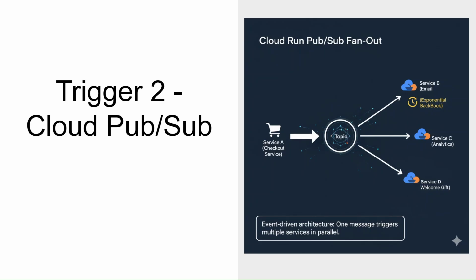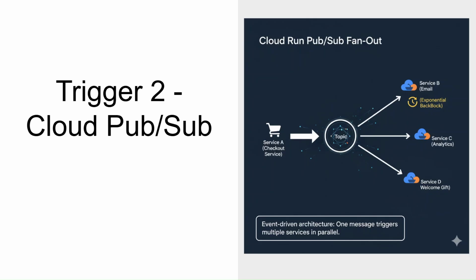If I am the mail service and after I am done sending the mail, some other operation needs to happen, I can also publish a message to a topic. And then another subscriber to that topic can kick off the next event. So you have this architecture where everything is decoupled. We publish a message to a topic. Anyone who needs to respond to that topic subscribes to it and performs an operation.